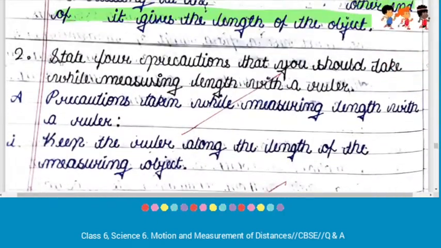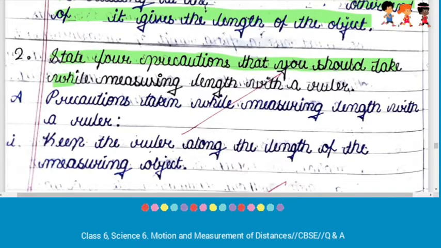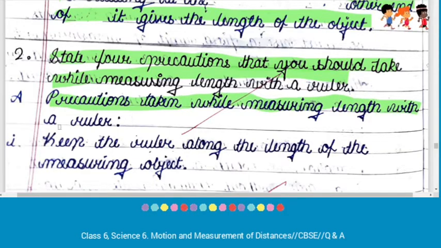Second question, state 4 precautions that you should take while measuring the length with a ruler. Answer, precautions taken while measuring length with a ruler. First is, keep the ruler along the length of the measuring object.